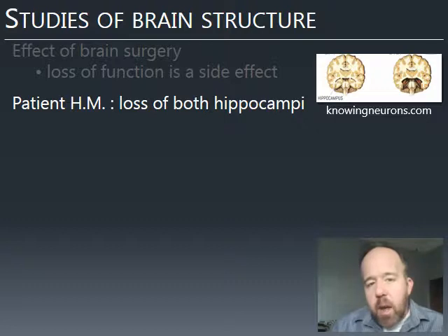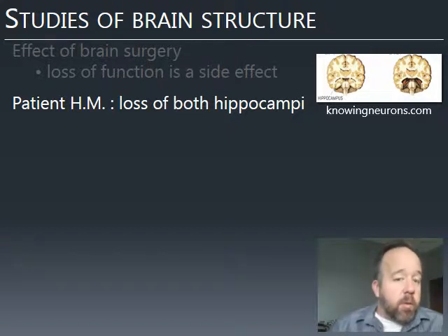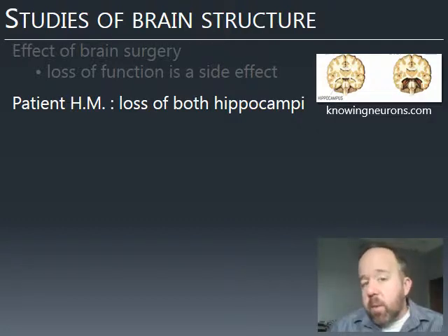And we talked last time about the hippocampus and how important it is for memory. So HM lost both hippocampi, and as a result, he could never form new memories after that. He could remember everything that happened before the surgery, and he could learn new skills, which are a different kind of memory.